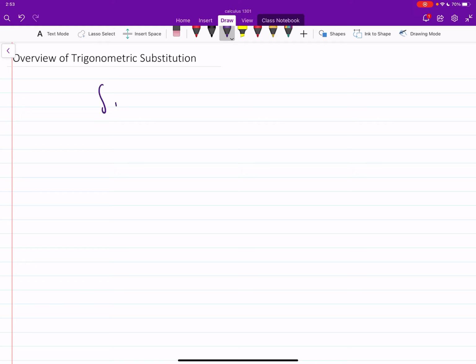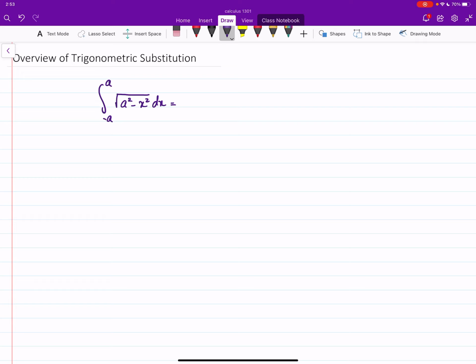So remember when we were introducing the definite integral, an integral like this was one of the things that we could evaluate.